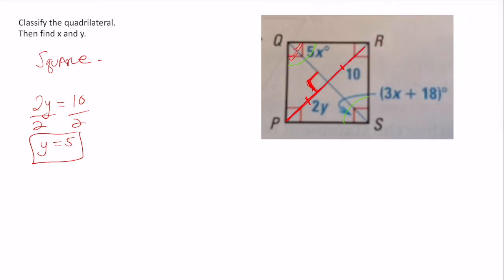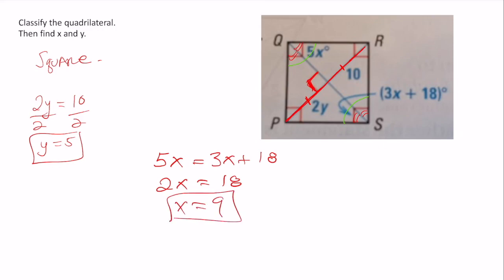So I know that actually all 4 of these angles, those 2 and the ones up near Q, all of them are the same. So even though they're on opposite sides, I know that 5x is the same as 3x plus 18. And so 2x is 18 and x is 9.